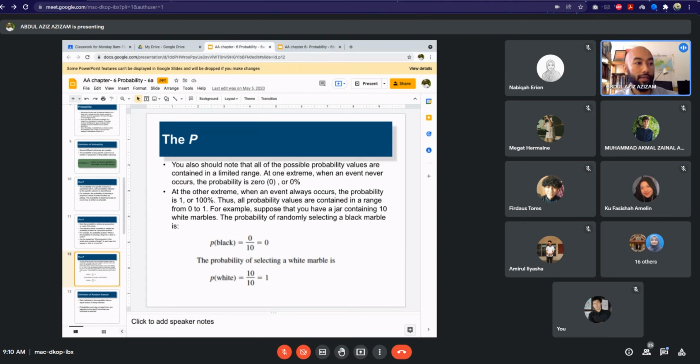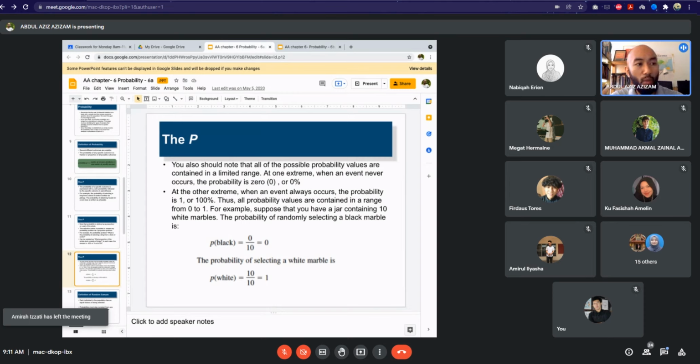Okay. For example, ni cara kira dia. Kalau P untuk probability untuk dapat black marble sama dengan 0, sebab you tak ada chance, there is no chance, okay, tak ada marble tu memang tak ada, kosong. So bahagi 10, you akan dapat kosong lah. Tak dapat. There's no probability, there's no chance.